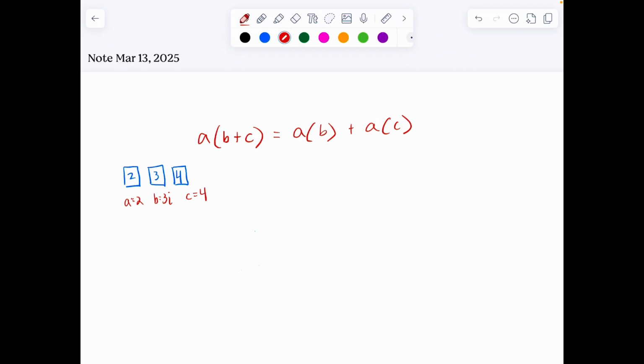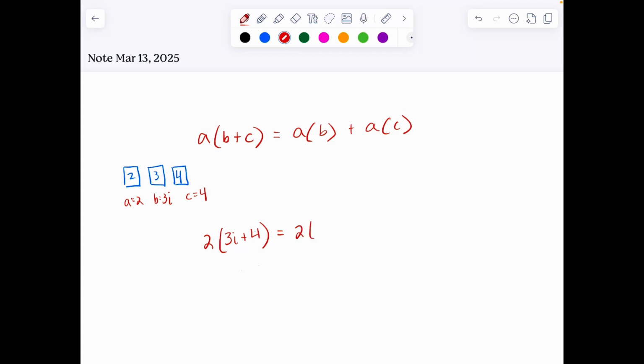So if I plug it into the left side of the equation, A is 2, B is 3i, and C is 4. So it'll look like this. You can see right here, we cannot combine those terms inside the parentheses because they are not like terms anymore. So we do have to use the distributive property in order to distribute this out and work it a little further.